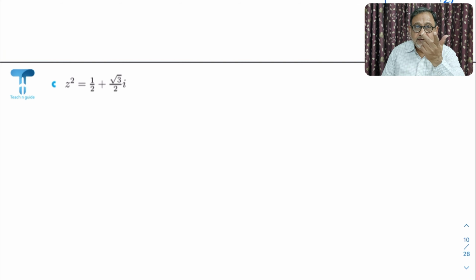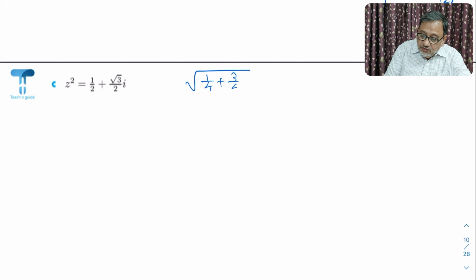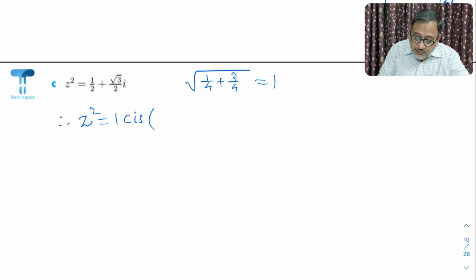One will be with negative sign, one will be 0, minus 1 and 0. So here what will be the modulus of this? Square root of 1 by 4 plus 3 by 4, 4 by 4, which will be 1. So therefore z square is equal to 1 cis, and what will be, it will be 60 degrees, right?